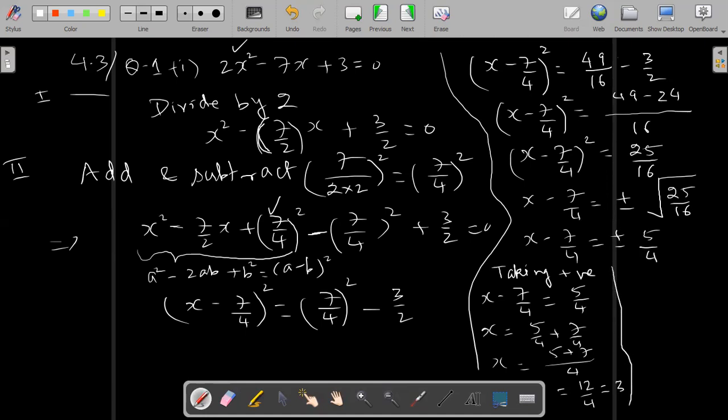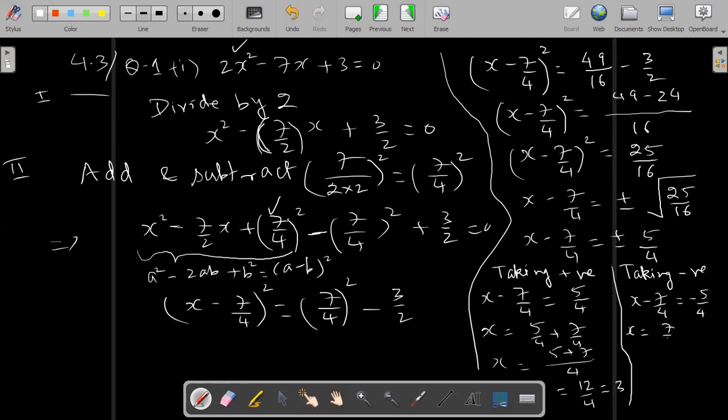Okay. Now taking the negative sign. So on the right hand side take negative 5 by 4, minus 5 by 4, and then bring this 7 by 4 to the right hand side, so it will become positive.